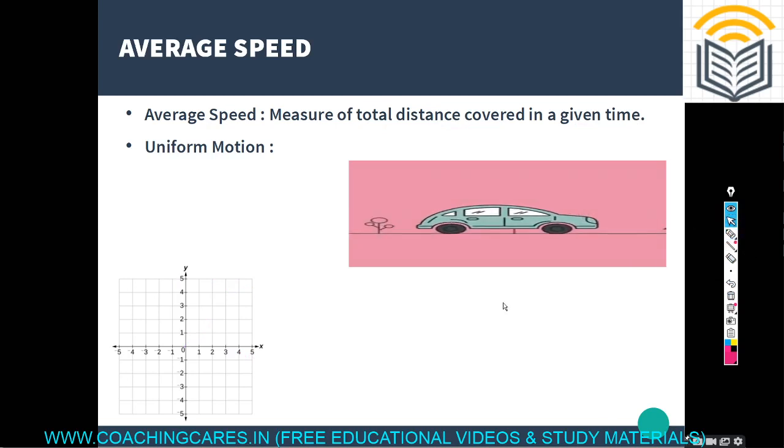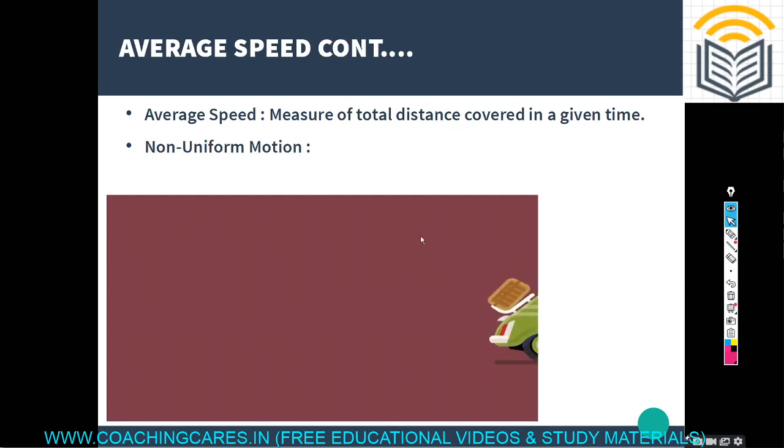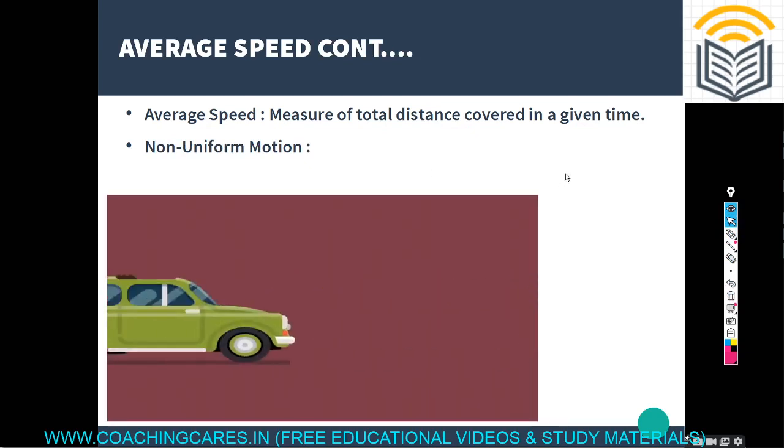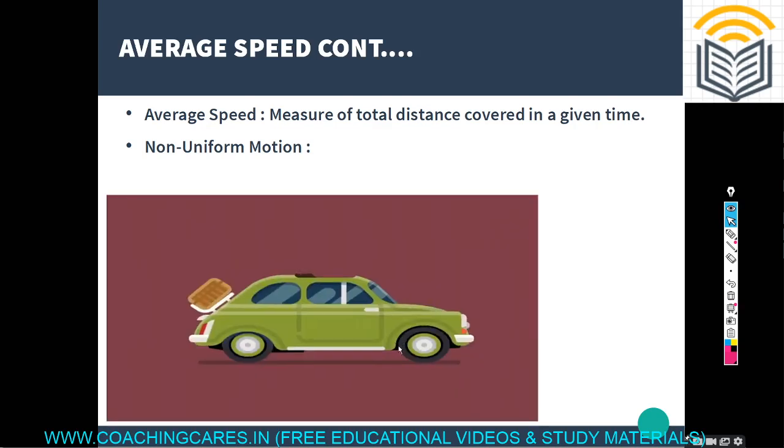Now in the second slide we'll study average speed for non-uniform motion. Have a look at this car.